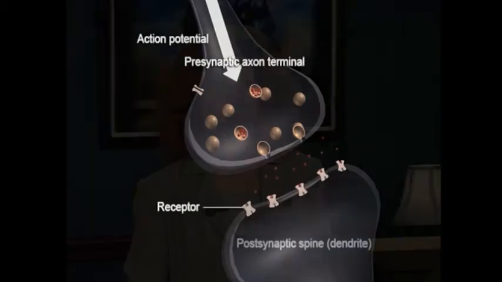Interaction of the neurotransmitter with those postsynaptic receptors is going to do one of two things. It's either going to directly open channels in that postsynaptic membrane, and that channel is just a protein that controls the flow of ions across its membrane. It's going to open a channel, or it's going to bind to another molecule that eventually will also result in different ions being distributed across the postsynaptic membrane.